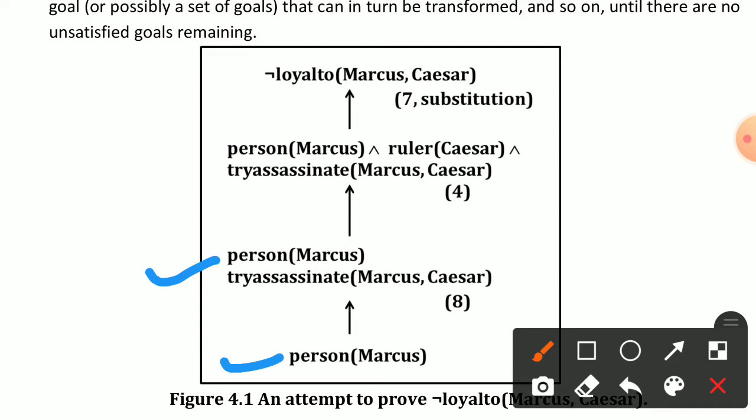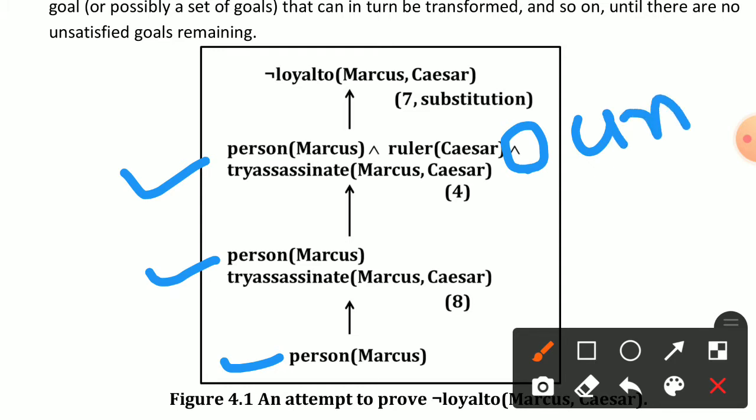This is another possibility which is performed by person Marcus. Next is person Marcus and the symbol. What is the symbol? This symbol is for the AND operation.